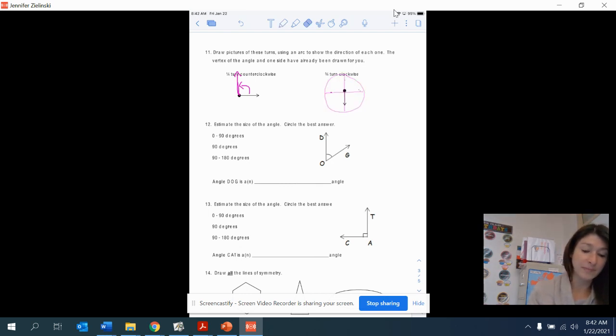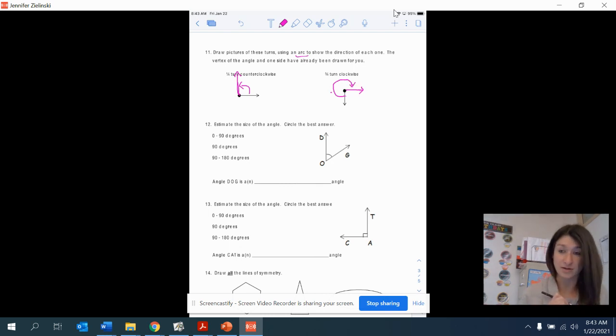So what I would need to do is have my ending point over this way, and I cannot forget to draw my arc. Since we're going clockwise, going to the right, I have to draw my arc going all the way here and stopping right here.